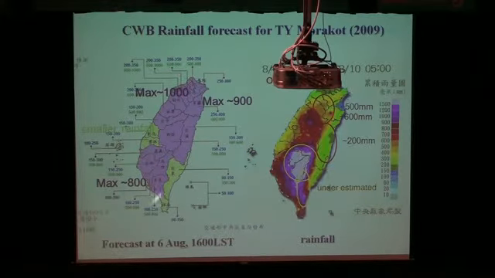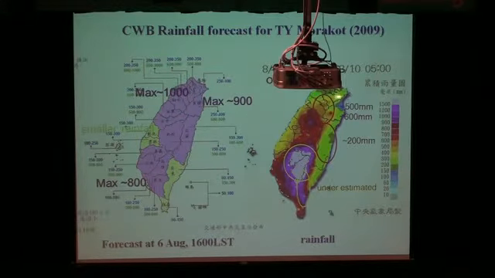But over this side is the Central Weather Bureau's forecast. They predicted the maximum rainfall to be about 800 mm. Although it is relatively small compared to what actually occurred, the general pattern is quite similar. You have heavy rain over the southwestern part of Taiwan, the central part of Taiwan, and also the northern part of Taiwan.